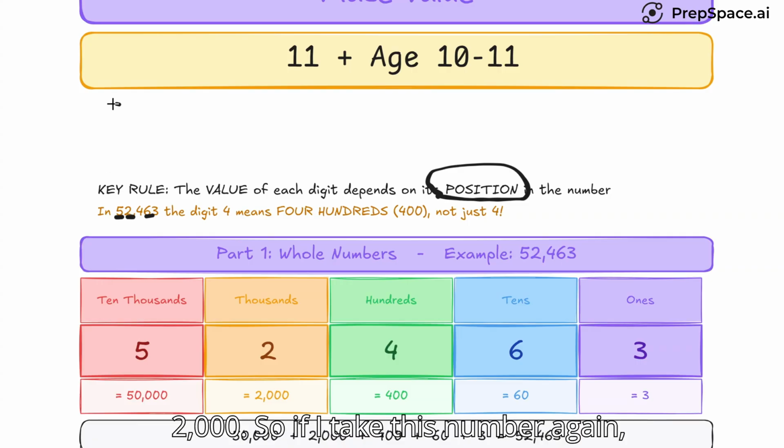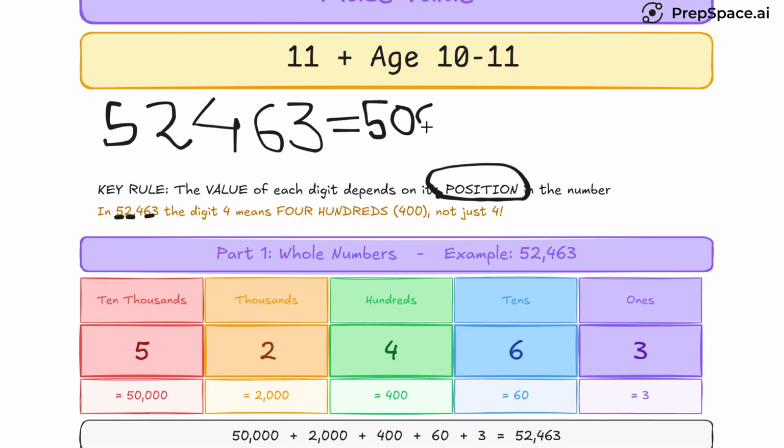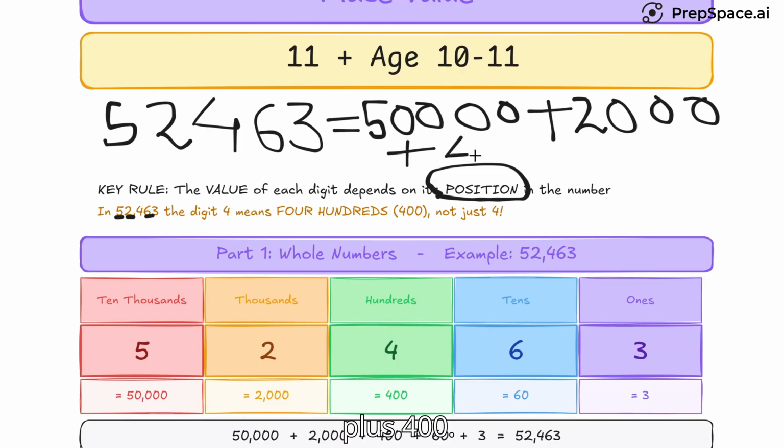So if I take this number again, 5, 2, 4, 6, 3, and I break it down, it's 50,000 plus 2,000 plus 400 plus 60 plus 3.